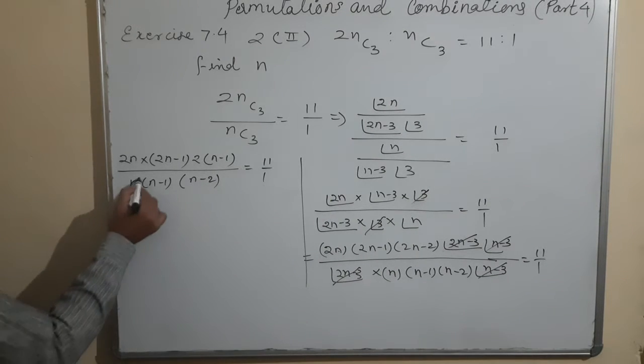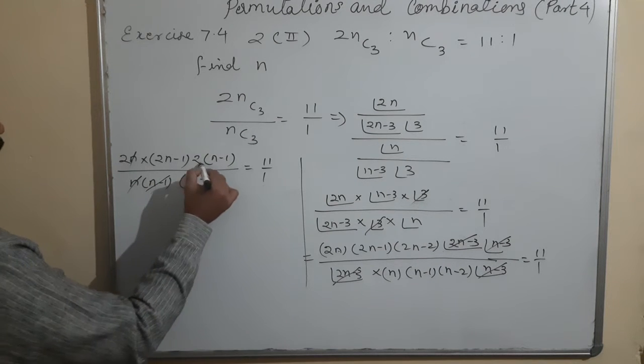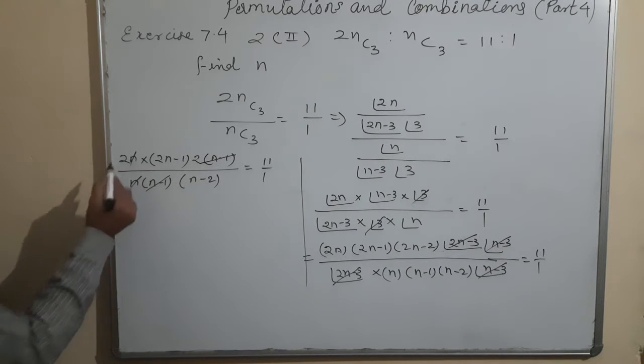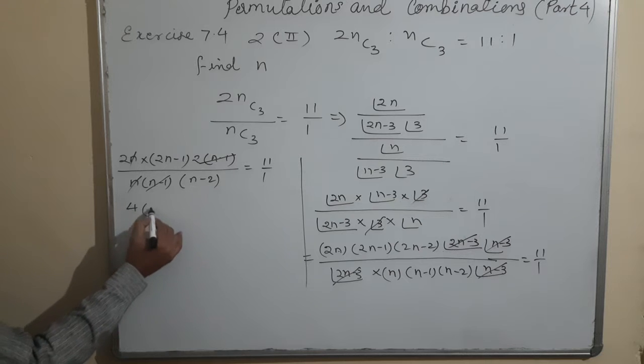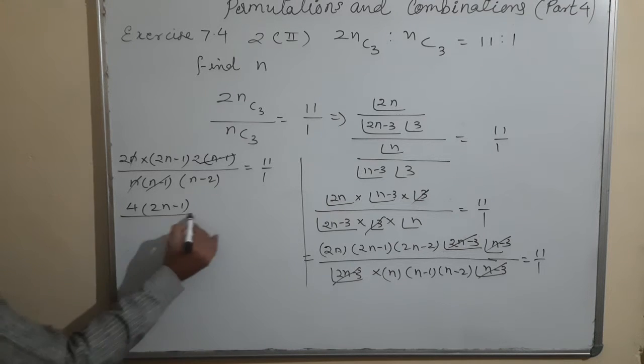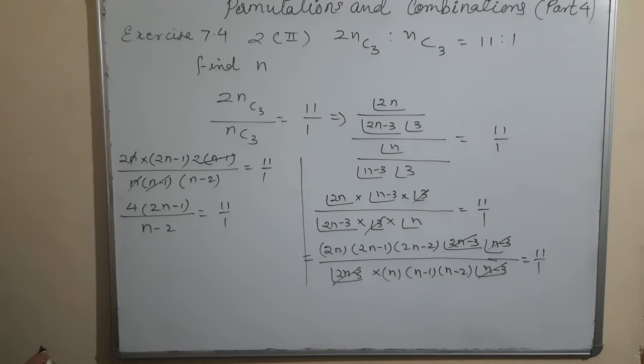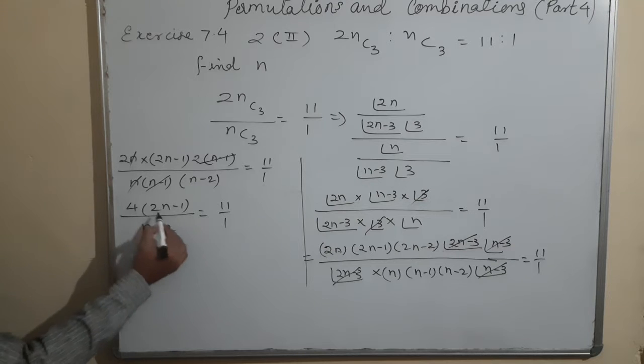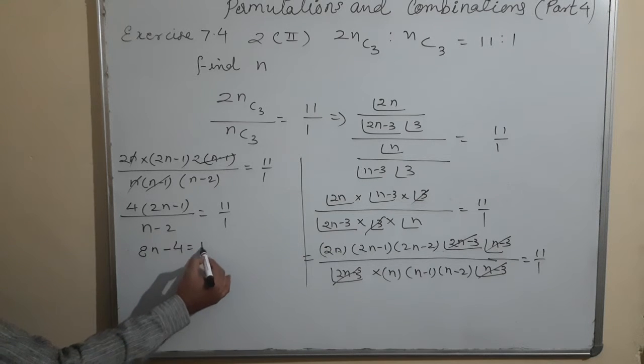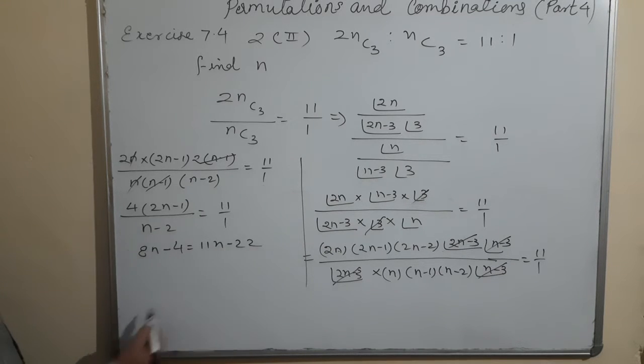One n is cancelled, one n minus 1 is cancelled. So 2 2s are 4 into 2n minus 1 upon n minus 2 is equal to 11 upon 1. Cross multiply: 4 2s are 8n minus 4 is equal to 11n minus 22.